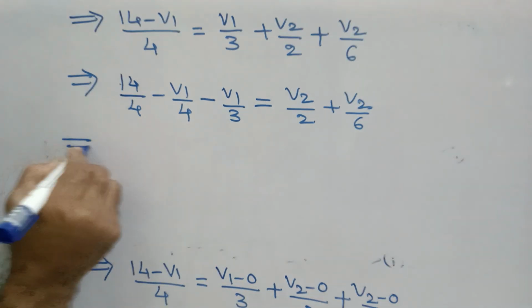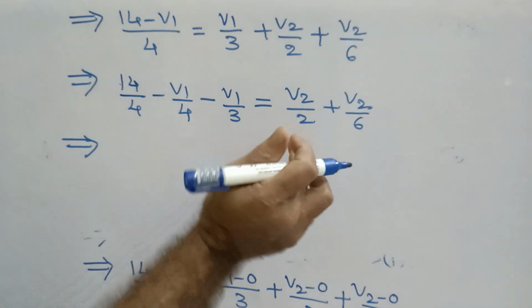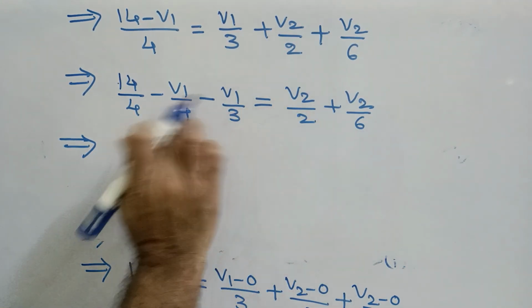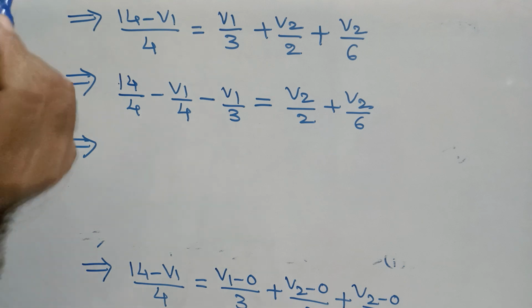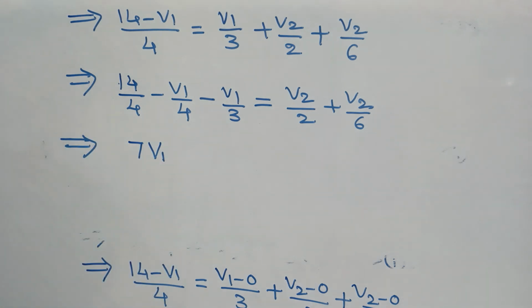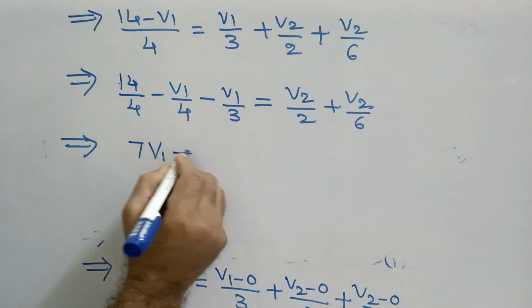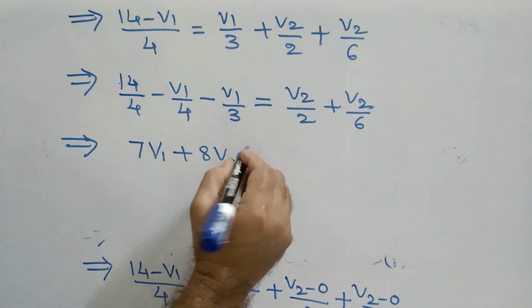Is it not? So simply apply your LCM or whatever it is, then definitely bring the relation in terms of V1 and V2. By applying your LCM on both sides, and if you simplify all these things, the final expression I am going to write is 7V1 plus 8V2 is equal to 42.